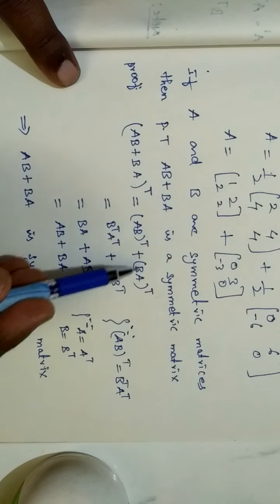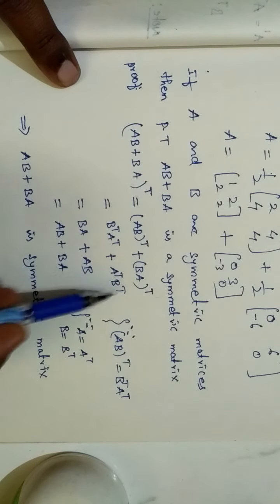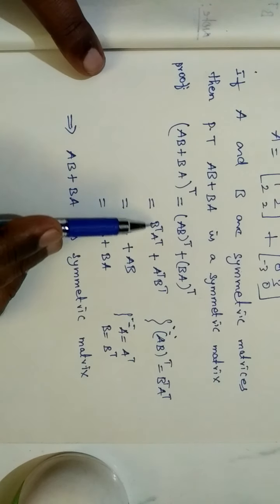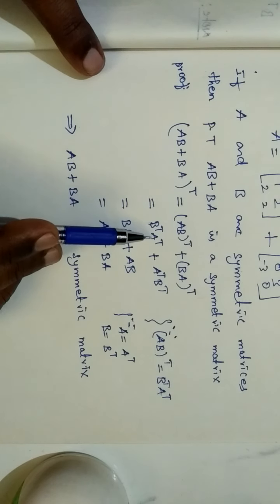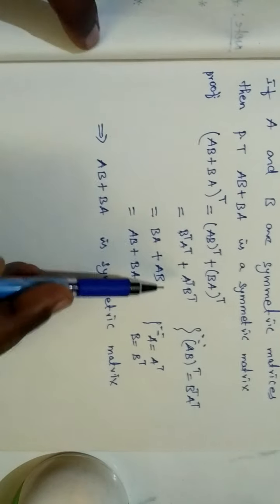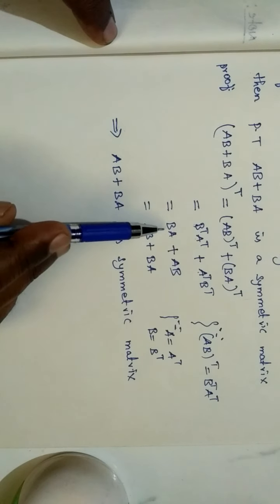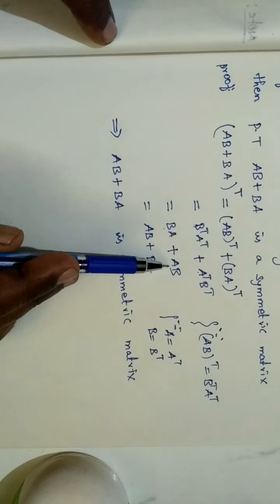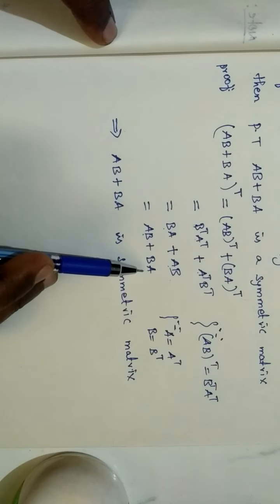A will come first and B will be next. Then you know A is equal to A transpose, B is equal to B transpose. Substitute over here: B transpose is B, A transpose is A. Again A transpose is A, B transpose is B. So now what will happen? BA plus AB you got. This order you can change now. AB you put here and BA you put here.